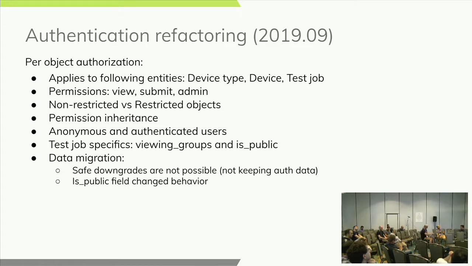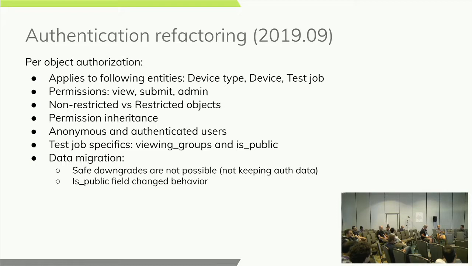Let's go on to the data migration. Since we are removing all the previous data that was in the system, removing the fields from the database, the old data is not persisted anymore.